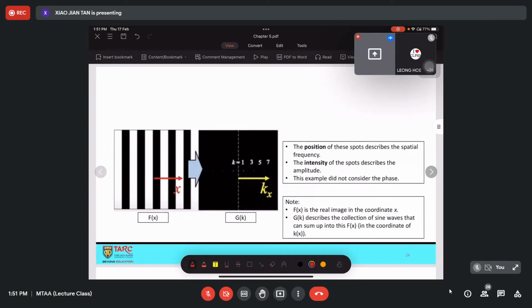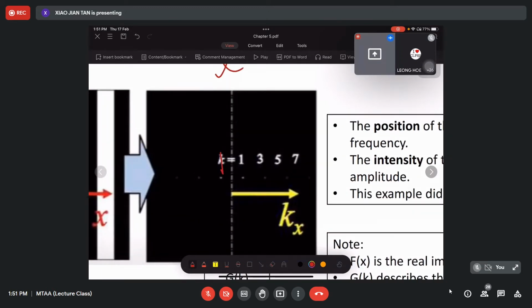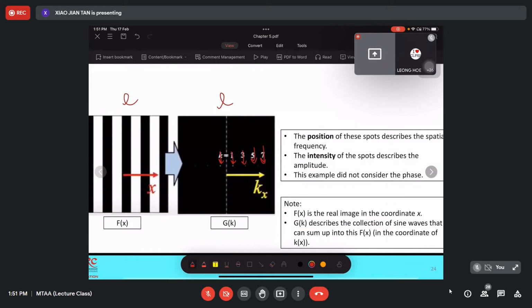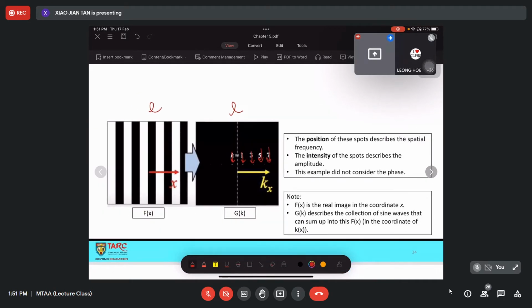So this is the original image, and this is the image after we convert to the frequency domain. So the position of this spot describes the spatial frequency. There are spots over there. The position of the spot describes the spatial frequency. The intensity of the spot describes the amplitude.